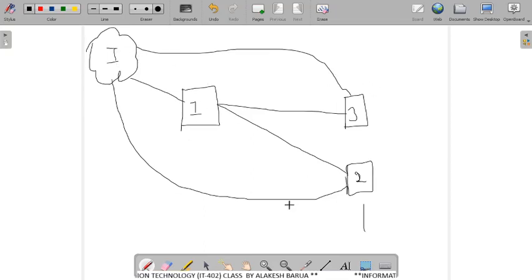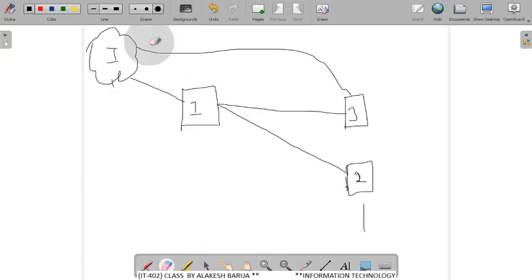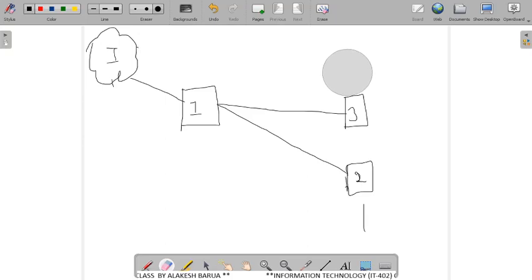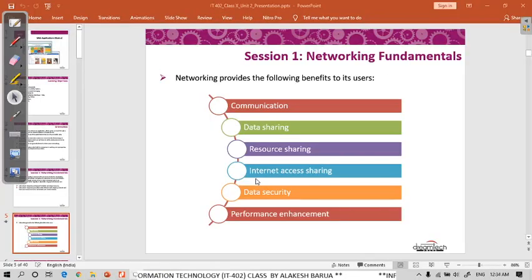If computers are connected over a network, and one computer is connected to the internet, then the other computers connected to that computer using the network can easily access the internet. So this is what is being told here, that internet access sharing is beneficial when computers are in a network.